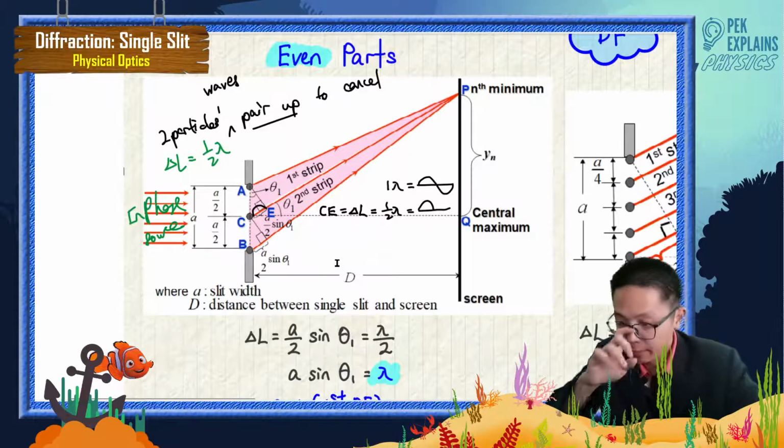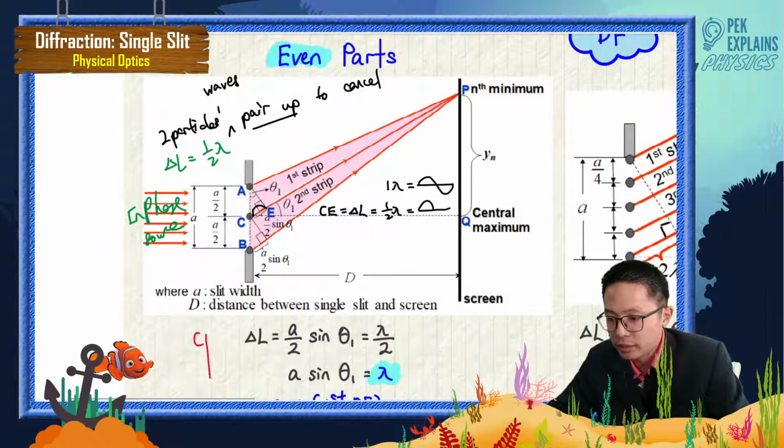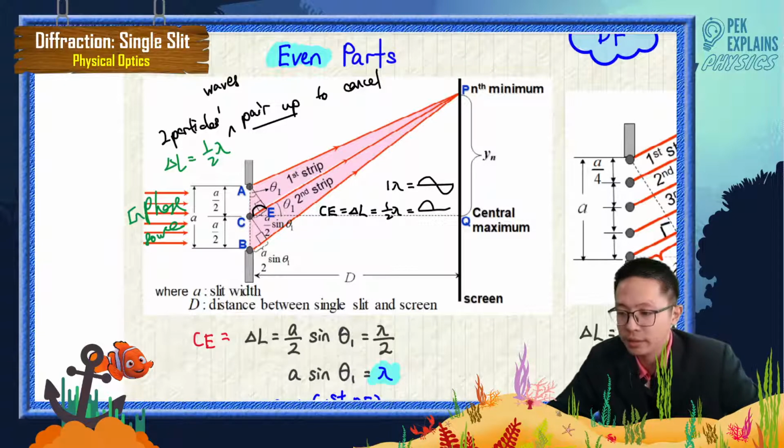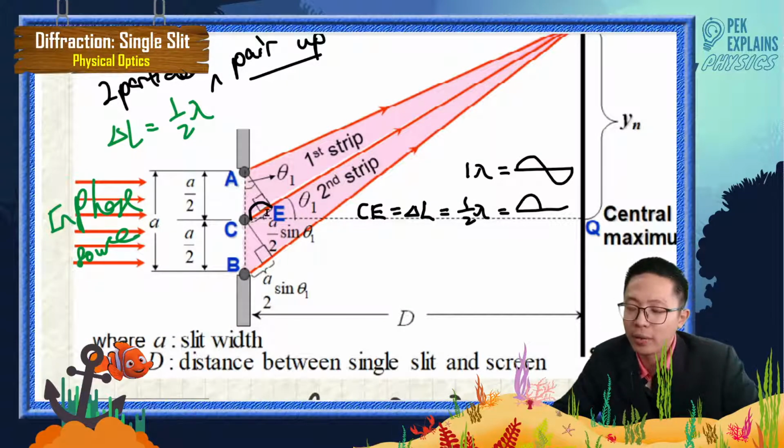See that? So the delta L, which is actually the CE. How to find this value? This is a over 2 sine theta. Why? How to get the a over 2 sine theta?